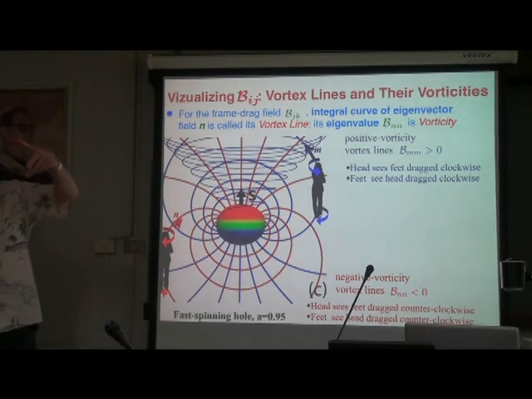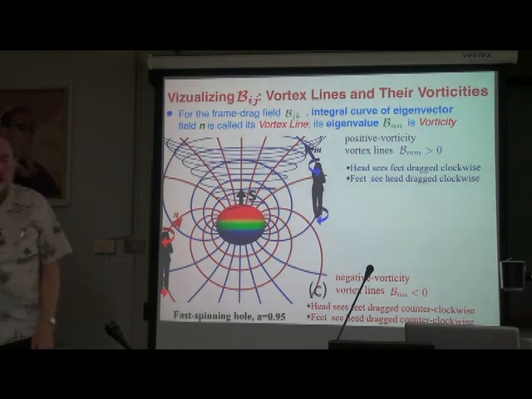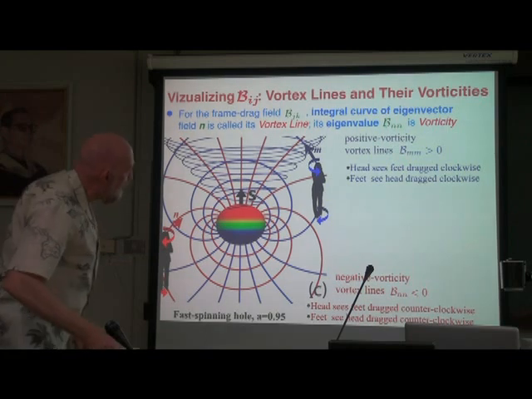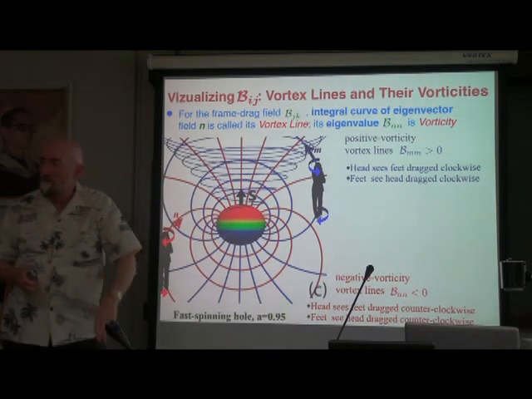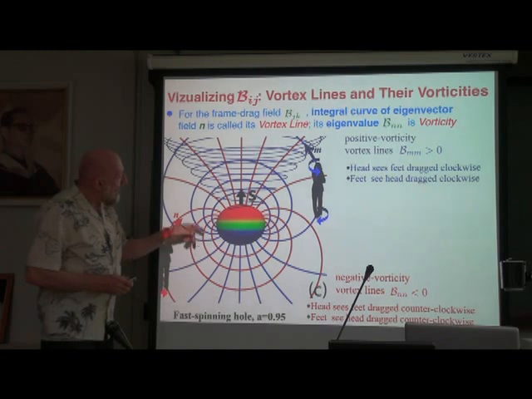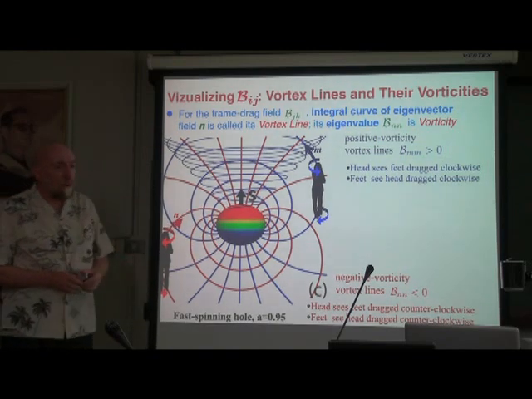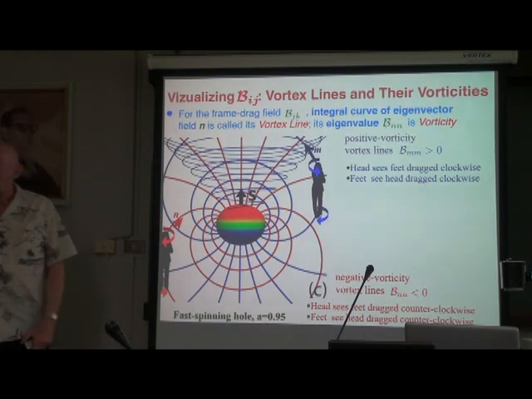It's like taking a wet towel and wringing it out. Your right hand sees your left hand twisting in a clockwise direction, and your left hand sees your right hand twisting in a clockwise direction. So we have clockwise vortex lines of twisting space. And the red vortex lines are counterclockwise vortex lines of twisting space.